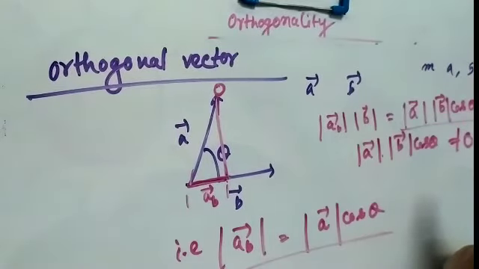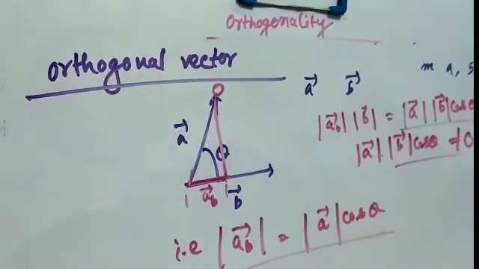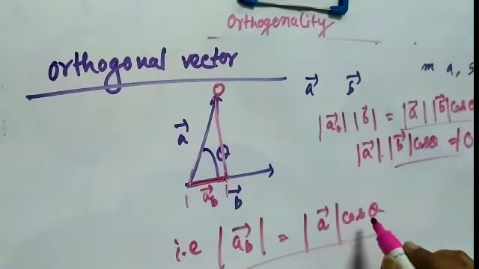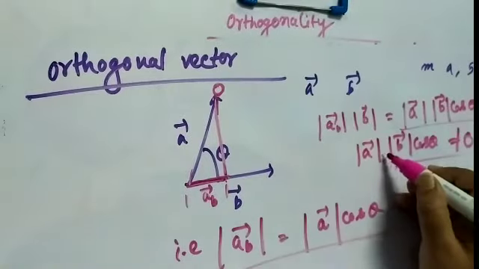Now, the value of the projection vector AB is already defined, so we can write it this way. The left hand side of this equation specifies the dot product of the vectors.